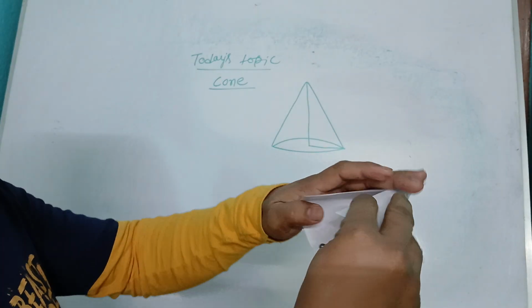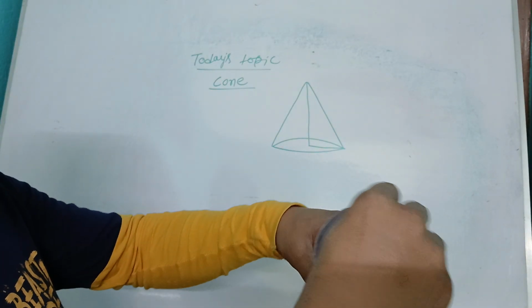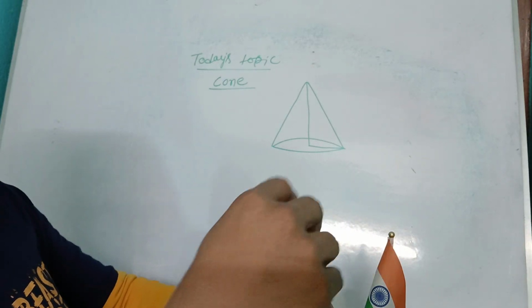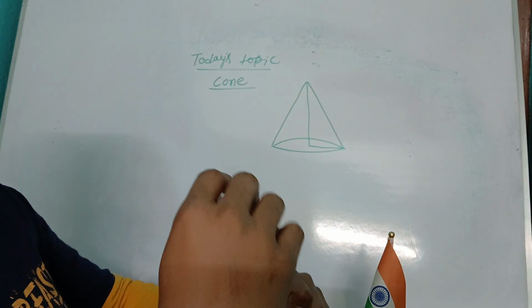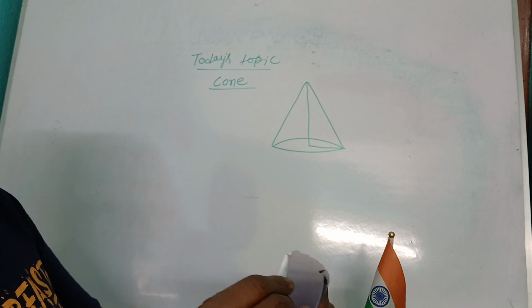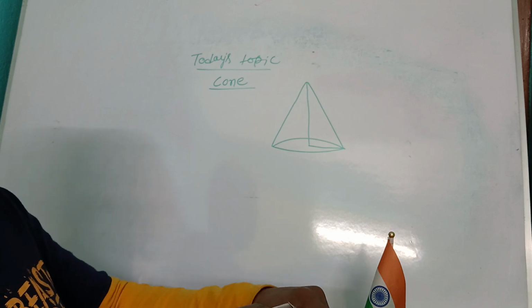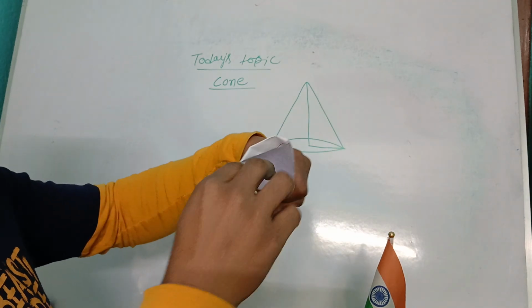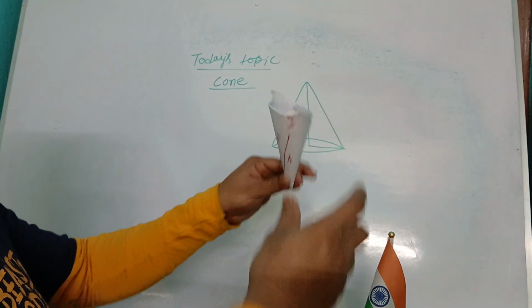If I convert this into the container used for bhelpuri papdi chaat, this type of shape is what? It is the conical shape.